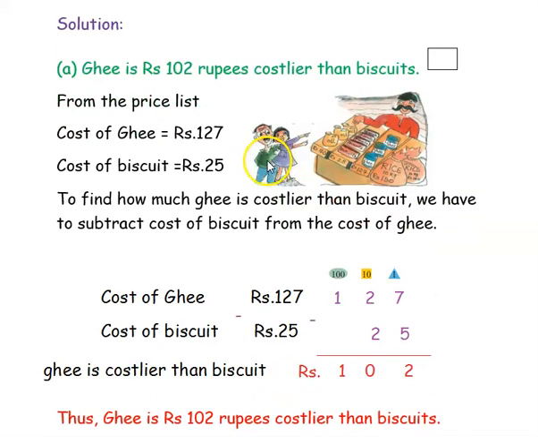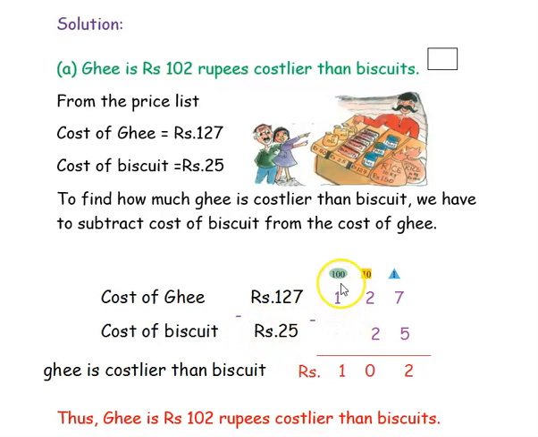Now we want to find how much costlier ghee is than biscuits, so we have to subtract the cost of the pack of biscuits from the cost of ghee. So we have to subtract 127 minus 25.